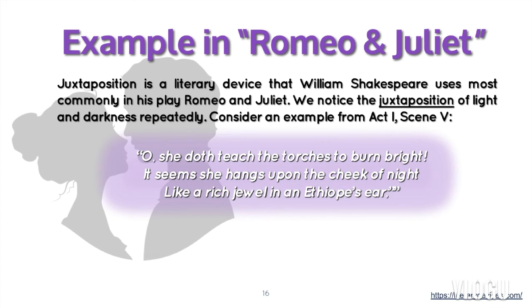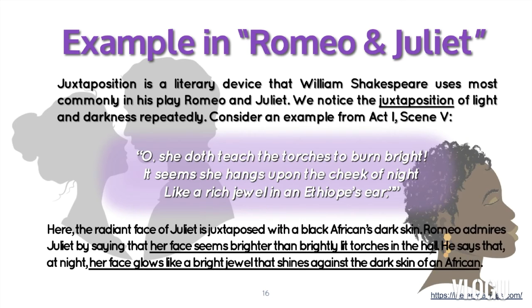It seems she hangs upon the cheek of night, like a rich jewel in an Ethiope's ear. Here, the radiant face of Juliet is juxtaposed with the black African's dark skin. Romeo admires Juliet by saying that her face seems brighter than brightly lit torches in the hall. He says that at night, her face glows like a bright jewel that shines against the dark skin of an African.